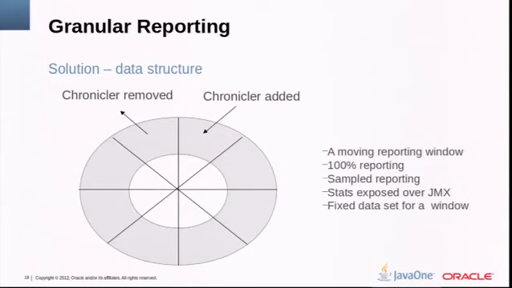Maybe for 10% of the requests we want to sample how they are behaving. Not very useful, but it has to be built into our solution. So this data structure also gave us an opportunity to build sampling on top of it. By the way, the chroniclers have the 100% request latencies here.